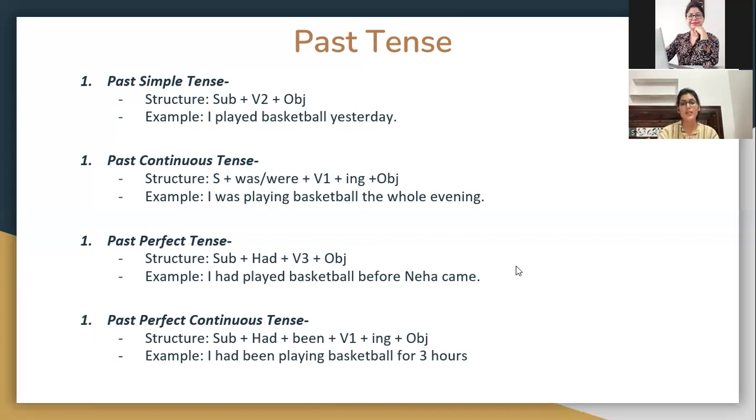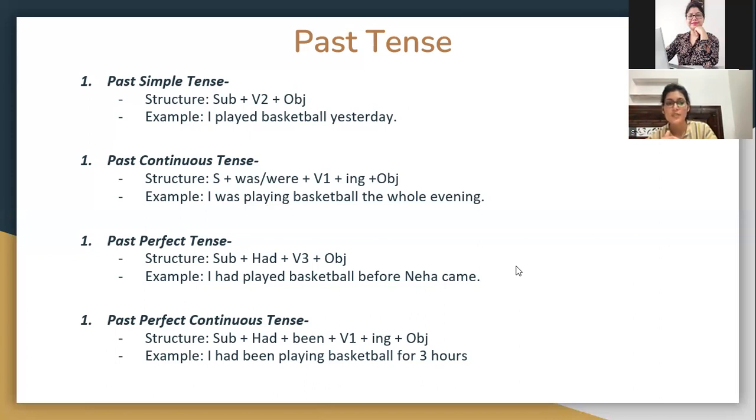I had played basketball, or I had eaten food. I had eaten food means I ate food in the past. So we use I had eaten food, because I started eating food in the past and I completed this work in the past.